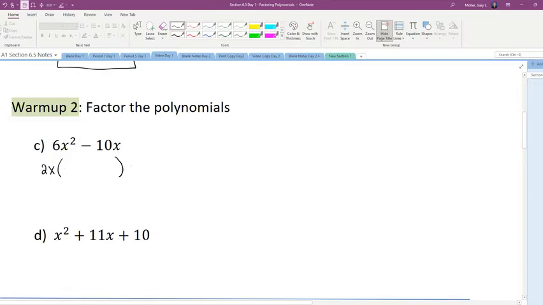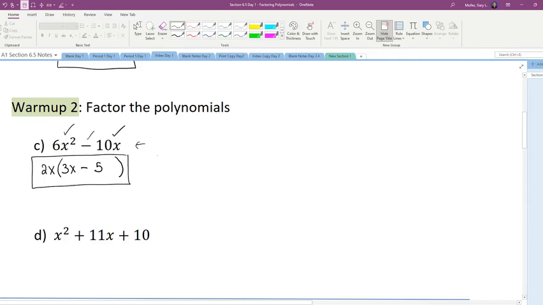Well, 2 times 3, so I'd have a 3 here. And to get x squared, I'd have to have an x. And then minus, and I'd have to have a 5 and no more x's. 2x times 3x, 6x squared, check. 2x times negative 5, negative 10x, check. So this is the factored version of this.